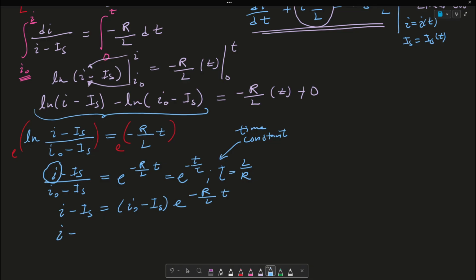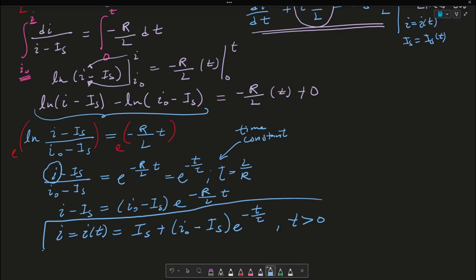So then I, just to be clear and explicit, which is equal to I of t, is equated to is plus (I0 minus is) e to the minus t over tau. And again, this is for t greater than 0. So this is the answer to my second case.